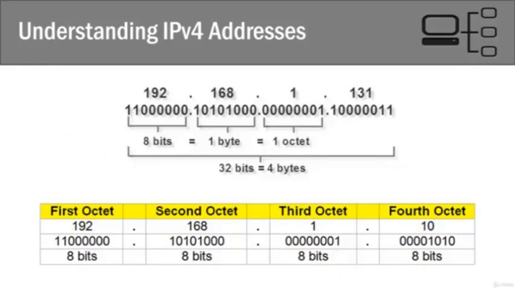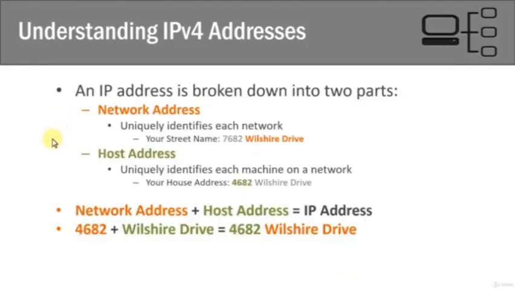All right, so now let's talk about that network portion and that host portion I was talking about. This is a very simple example that I like to use. We have the network address portion and we have the host address portion of an IPv4 address. A very simple way to look at this is to think about a street address.